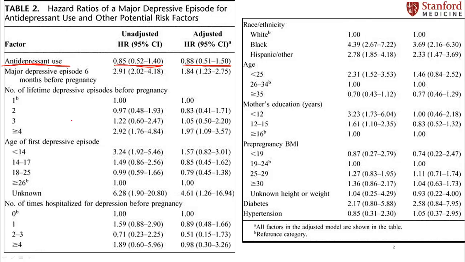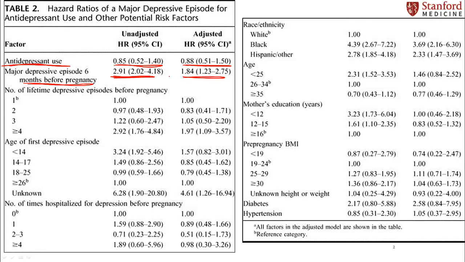They also adjusted for all these other factors. So just to practice interpreting Cox regression results, something that was a pretty good predictor is if you'd had a major depressive episode in the 6 months before pregnancy, it was almost a 3-fold increase in the risk of major depressive episode during pregnancy.